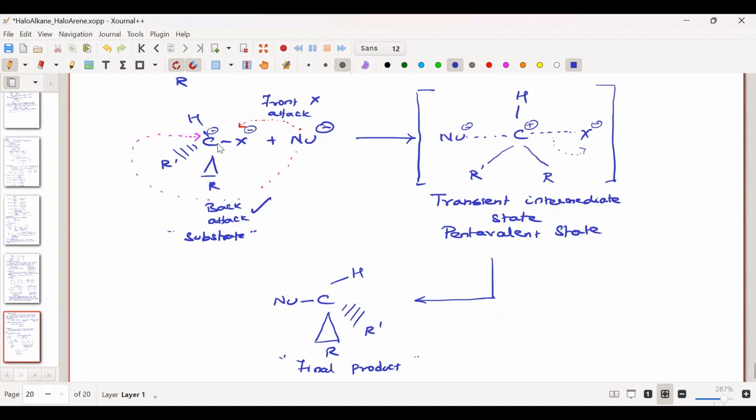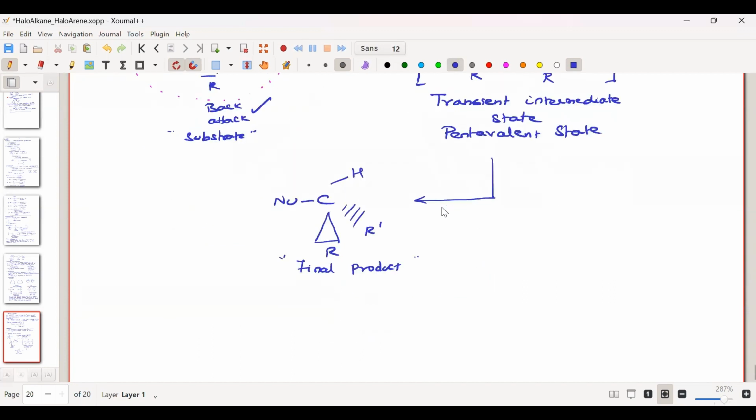It is the opposite, like a mirror image. The R dash was there, now it is here. X was here, and now the nucleophile has come to this place. So we call this an inversion compound, also known as the Walden inversion, named after the scientist Walden.